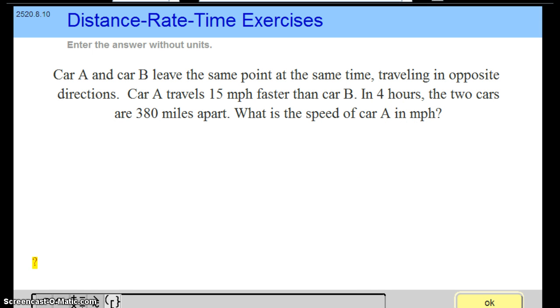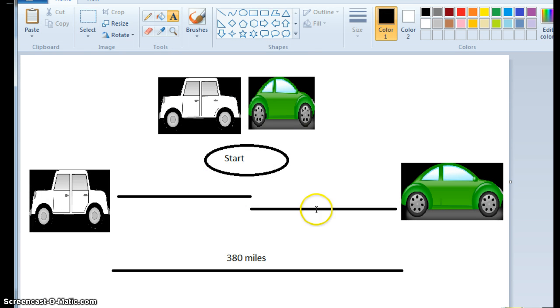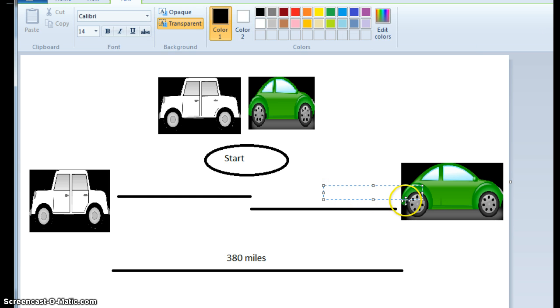That means the distance, using our formula, rate times time equals distance: the rate of car A is x, the time is 4 hours, so the distance is 4x. So let's fill that in our picture. Let's call the green one car A, so that's going to be 4x.